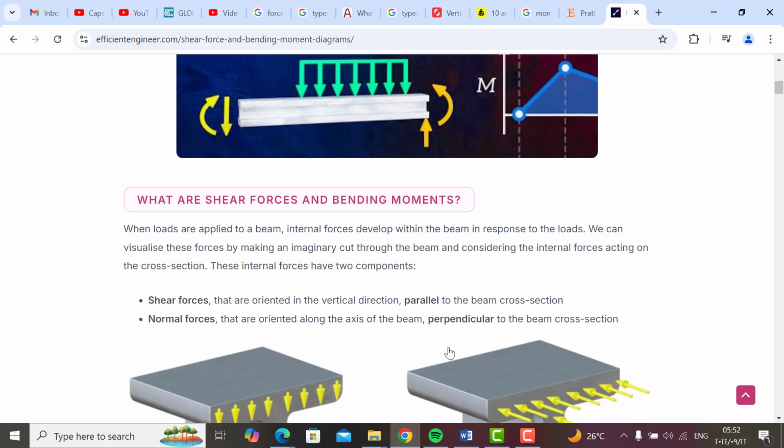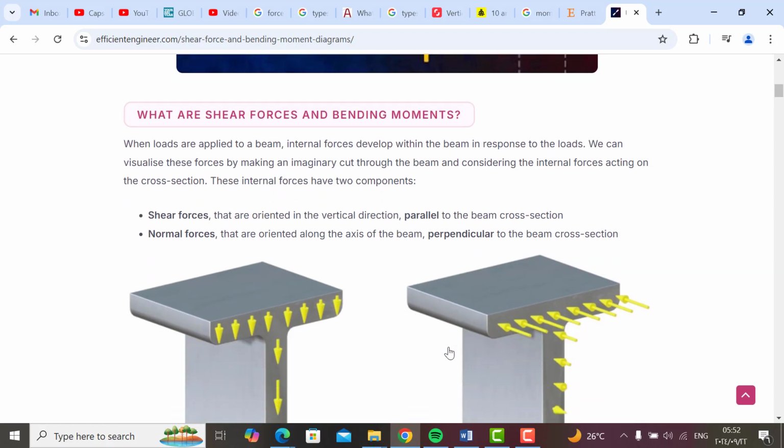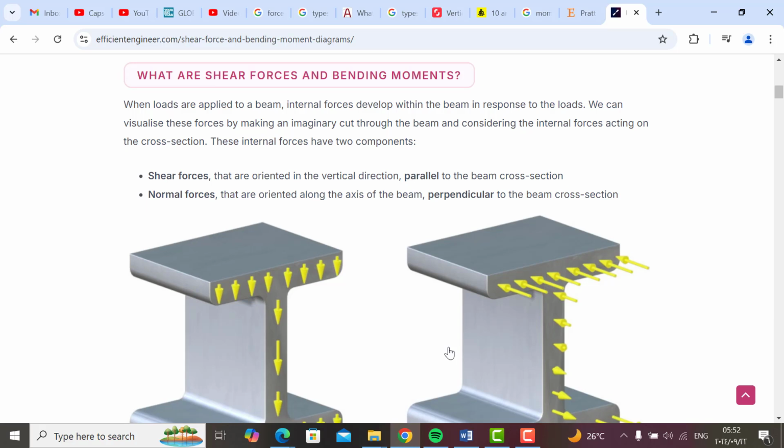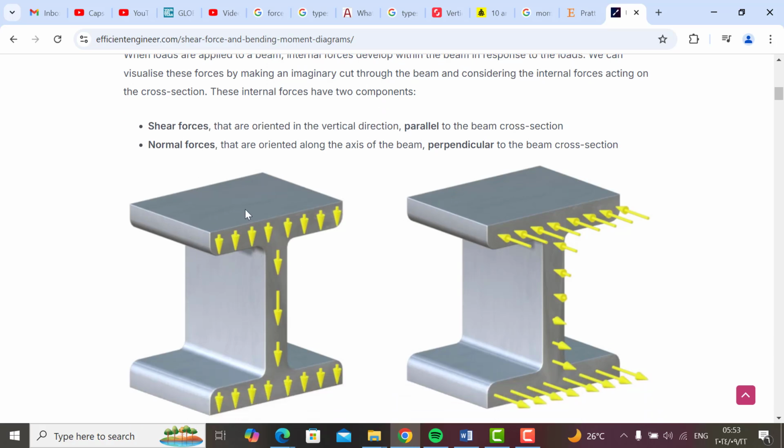What are shear forces and bending moments? To know the forces, we have two essential forces: shear forces and normal forces. Shear forces are in the vertical direction, parallel to the beam cross section. This is an I beam, and when we take this cross section, this force is vertical on this beam and parallel to the cross section, while normal forces are oriented along the axis of the beam.